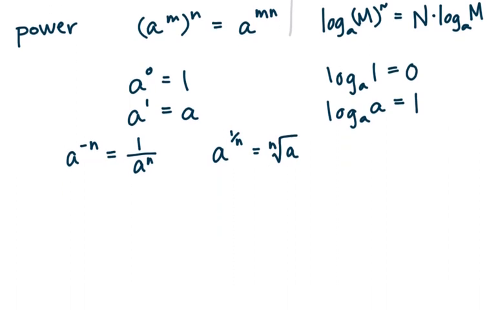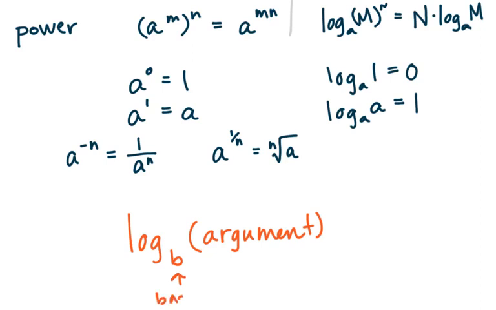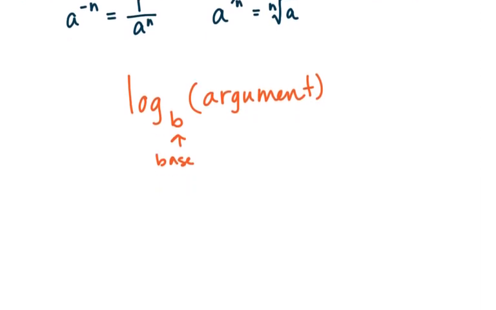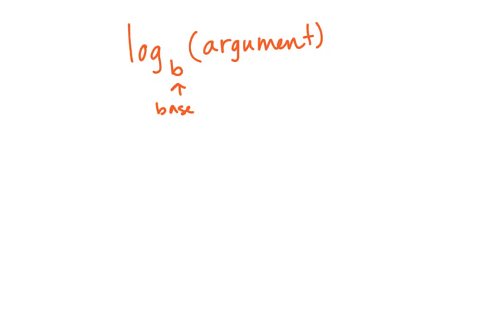One last thing I'm going to add in this review video. We have log base b of the argument. Formally, I always wrote base a, but I'm writing base b here to remind us that that is my base. The expression that we are taking the log of is called the argument. Whatever we have in the parentheses behind the log is the argument, because I use that term a lot. And a lot of the time I get from a student, well, Ms. Stein, what even is a log?